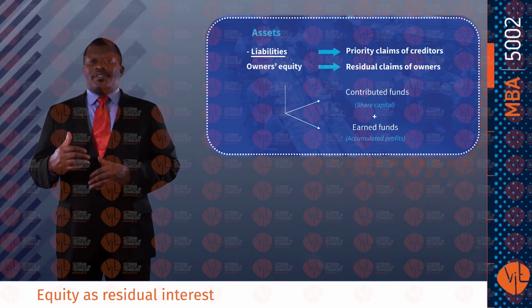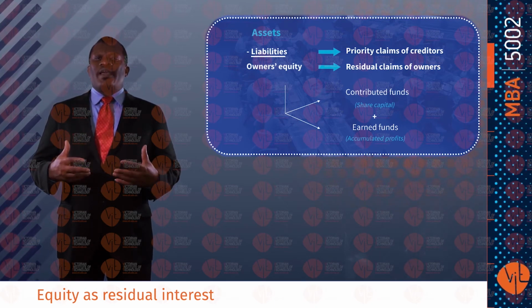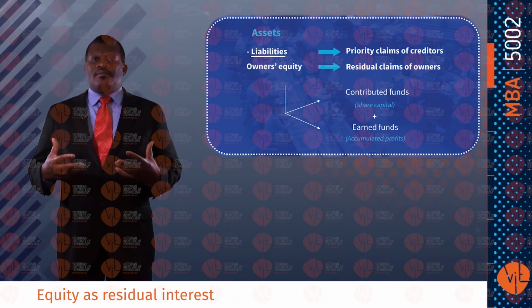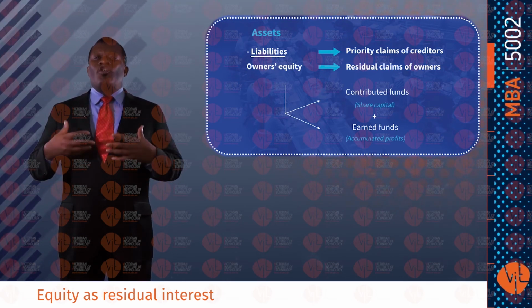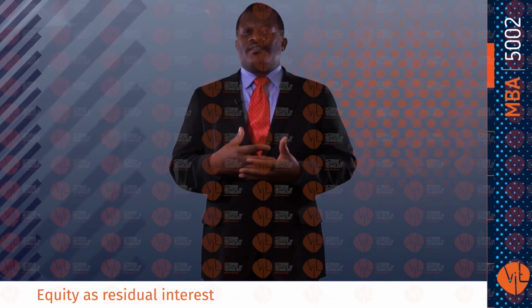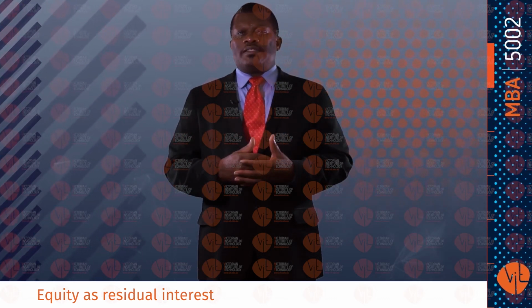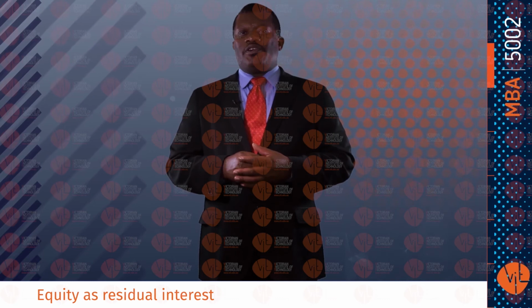This earned capital generally represents what the company has generated from its activities over the years. So whatever profit that the organization has generated that was not distributed to shareholders is reinvested into the organization.